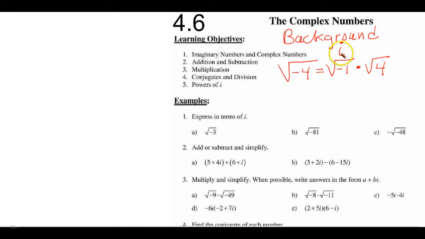But it's not really imaginary, it's something that they use to calculate things with. But the imaginary title stuck to it. So that's what we use. So let's work with that a little bit.